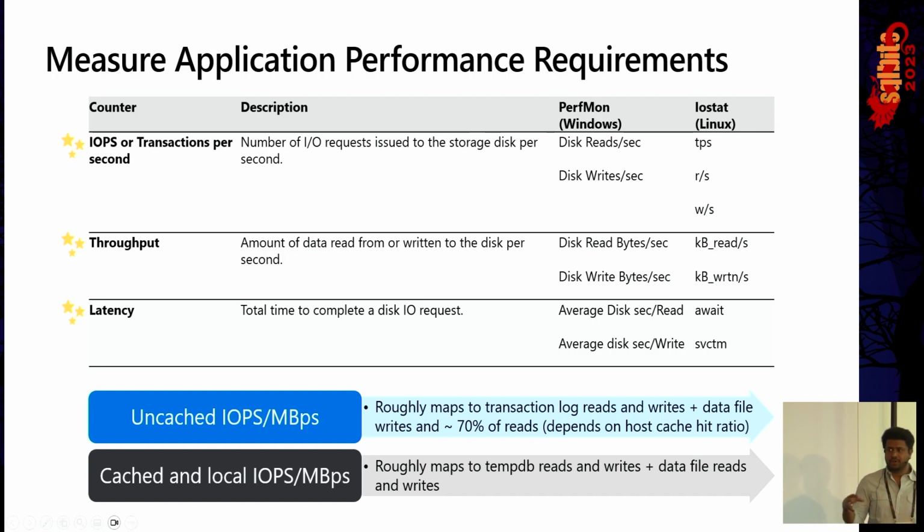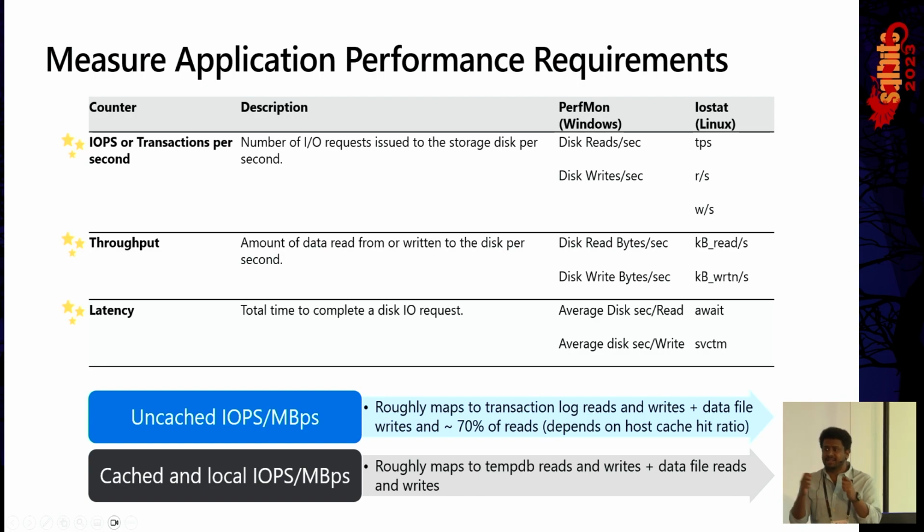Let's say you have an on-prem workload, and you take these counters over a while, as in when it is so busy, let's say at 9 a.m. your shop opens, so many transactions come at that point of time, you should have a performance run at that point of time, knowing all this. When it is not busy, what is the workload looking like? When you have jobs, like OLAP jobs running, what is the type of workload and how many disk reads per second, disk writes per second you are doing.